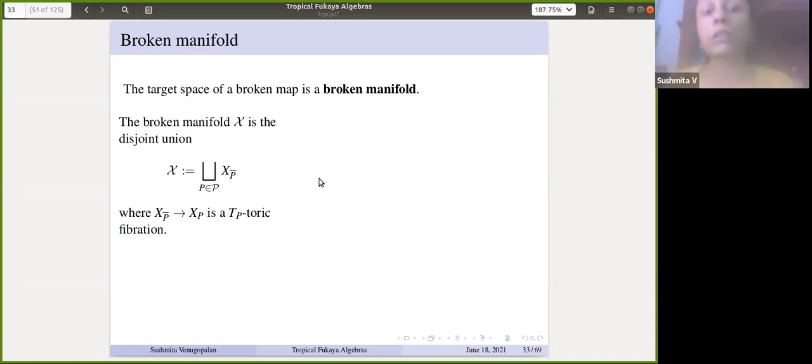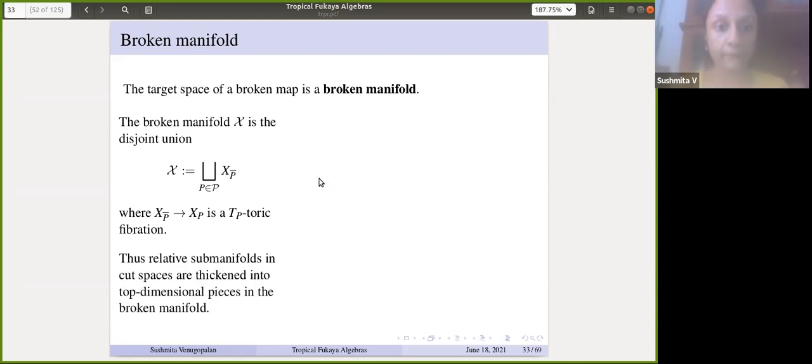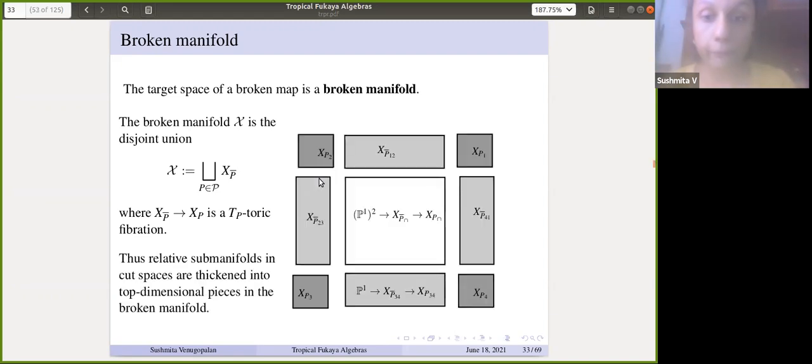Remember that the polytopic decomposition was given by a collection of polytopes. So a broken manifold is going to have one component, or one manifold, corresponding to each of those polytopes. Therefore, in this picture of two orthogonal cuts, we are going to have 9 of these pieces which are part of the broken manifold.